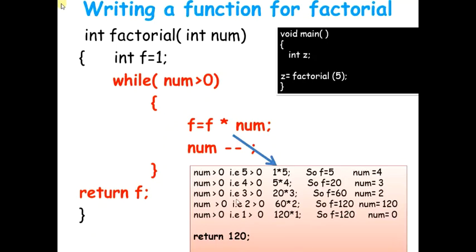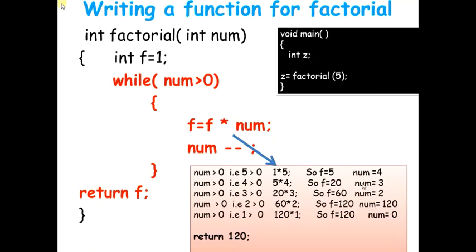Then you check again, 3 greater than 0, yep. Then you see over here, f is equal to f into num. What was the previous value of f? F now held 20. So it's going to do 20 into this num, that is 3. So you're going to do 60.